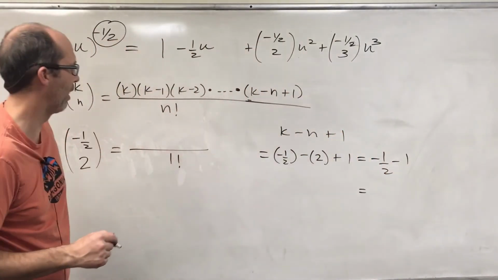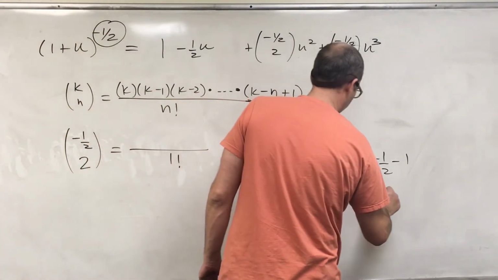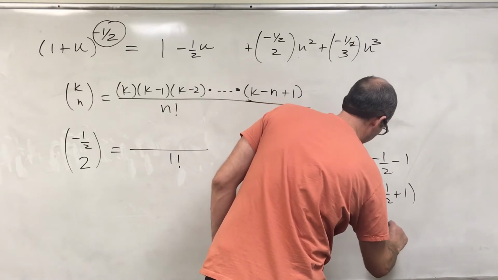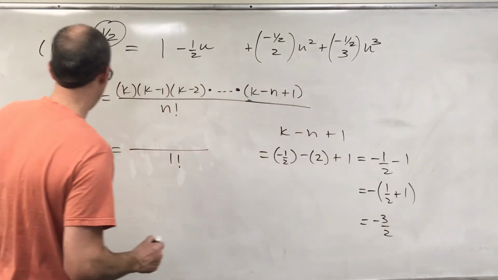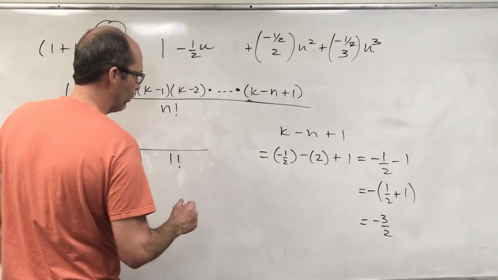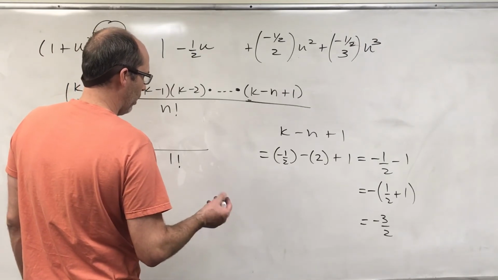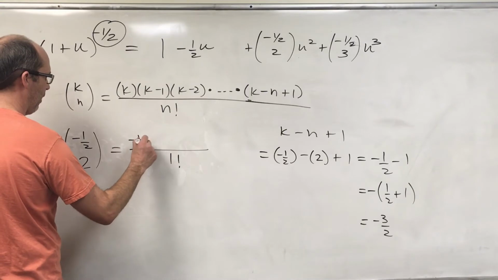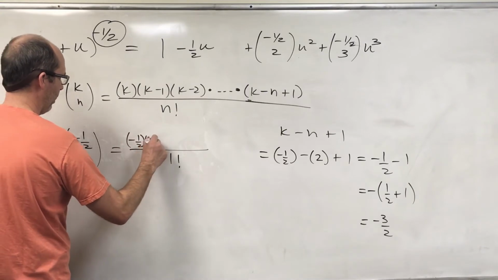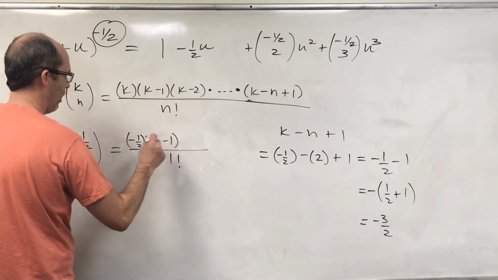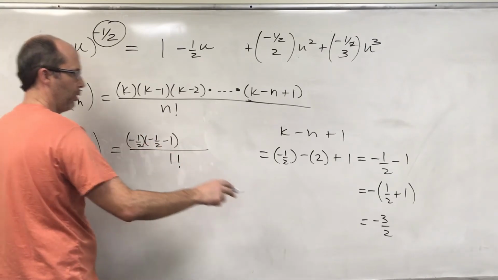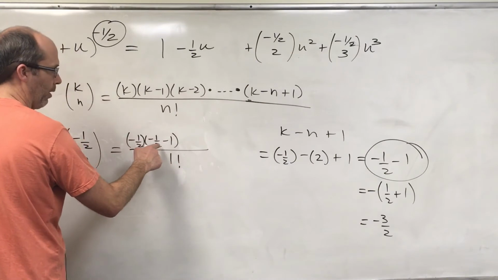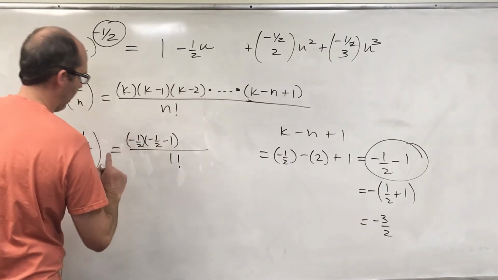That's negative 3/2. We start at negative a half, and the next thing we go to is negative 1/2 minus 1, which is negative 3/2. That's where we stop.